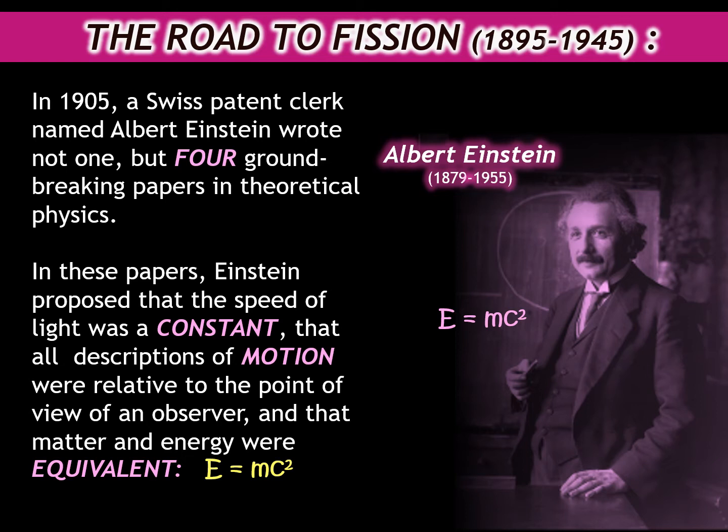And this is when he proposes a set of math that leads to the most famous equation that anyone's ever heard of. Everyone seems to have heard of this equation, even if they don't know what it means, E equals mc squared. And what Einstein was claiming when he talked about mass-energy equivalence, he said that the rest energy, the energy of an atom at rest, E, equals the mass of that atom times the square of the speed of light. Pretty deep stuff.